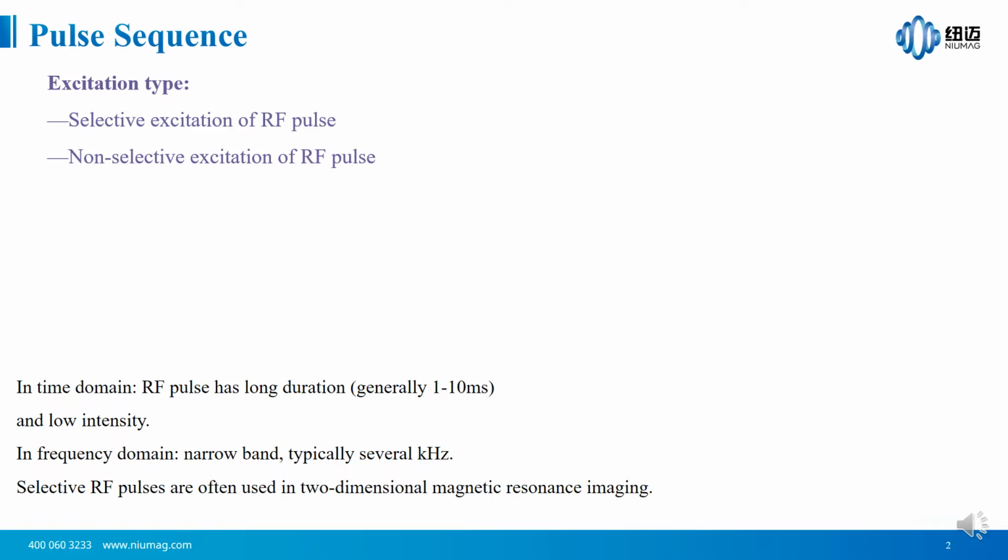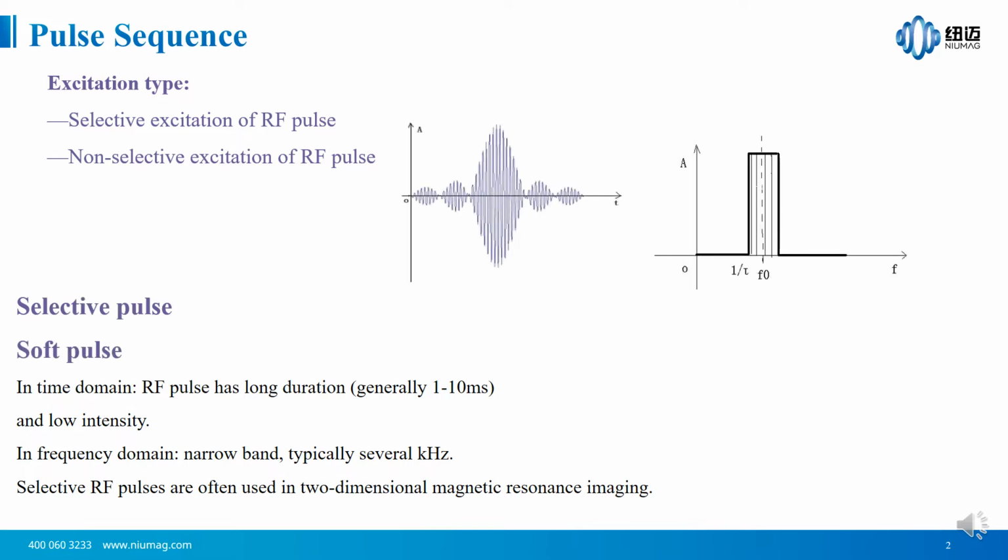The characteristics of soft pulses are, first, in the time domain, the duration of a soft pulse is relatively long, generally in the order of 1 to 10 milliseconds.